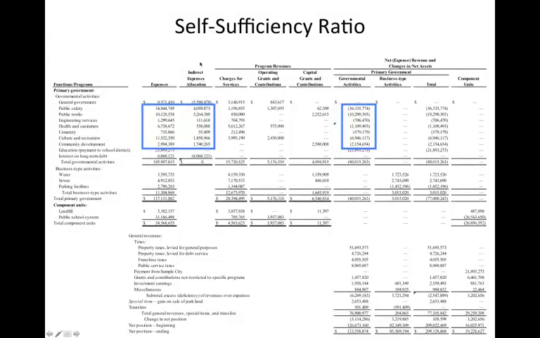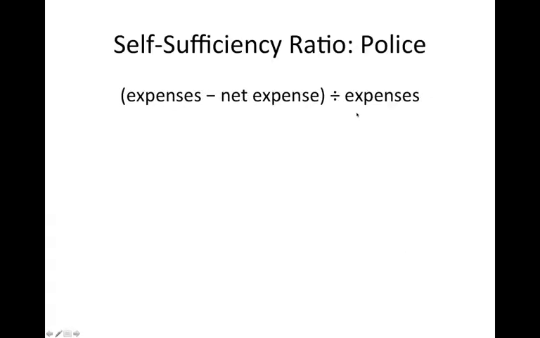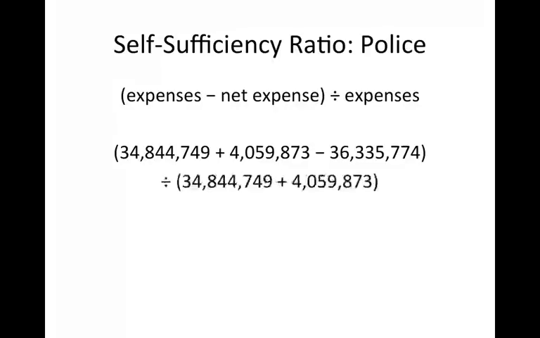If a government, and most don't, but if you happen to run into a government that allocates its indirect expenses, then you need to add these two columns together for each of the activities before subtracting them from the program revenues to get your net expense or net revenue. So here's what this ratio might look like: expenses minus net expense divided by expenses. And if you do that for police, it looks like this.